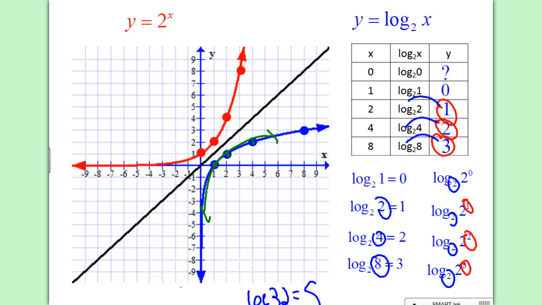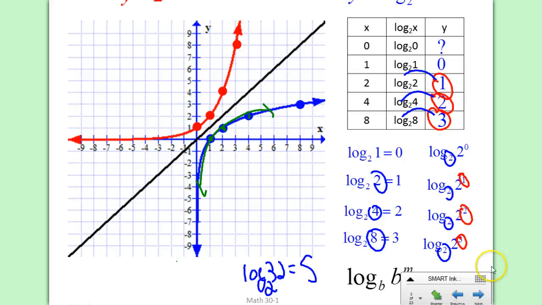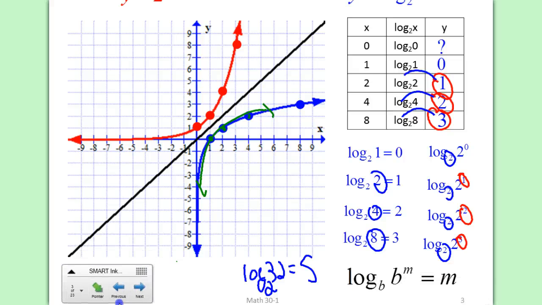Okay? So I'm going to say that many times as we finish this up. Logs are exponents. That's what they are. And this statement down at the bottom here, the log of b to the m will always be just m, because a log is an exponent. That's what it is. Okay?